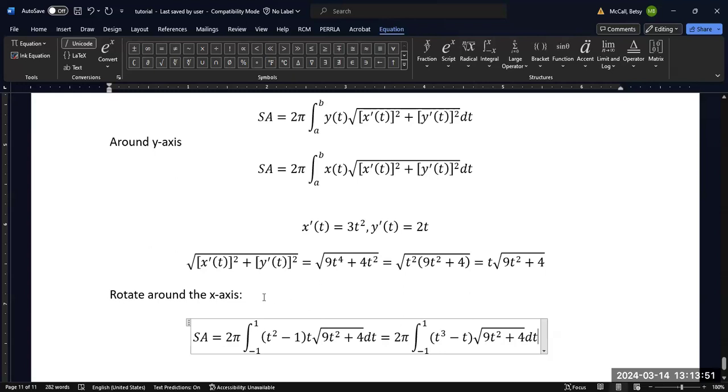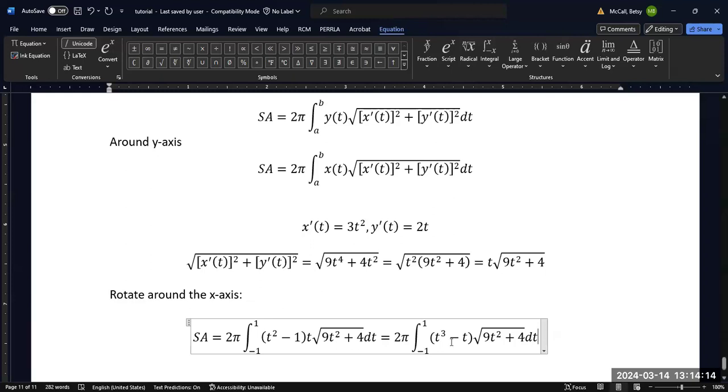So sometimes these rotation problems, like with the solids of revolution, if you don't choose your functions very carefully, you end up having these very complicated integrals that you have to solve. I'm going to just leave this one here. We can do integration on it in another video.